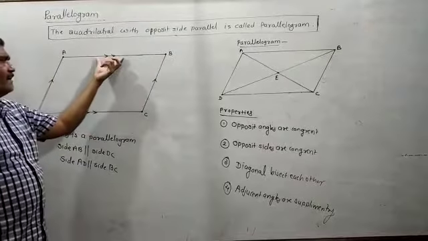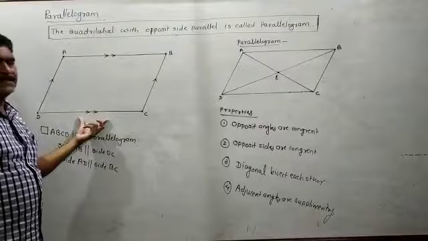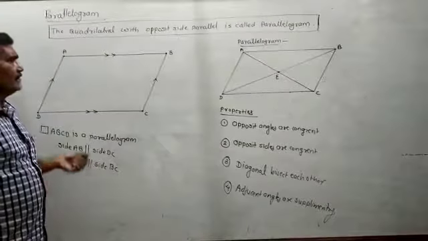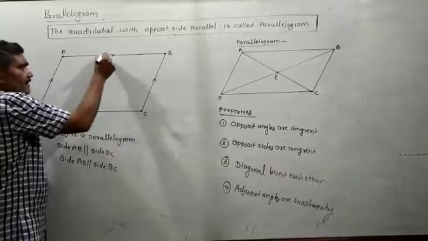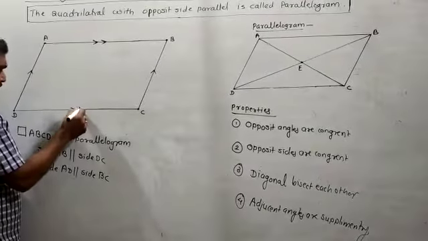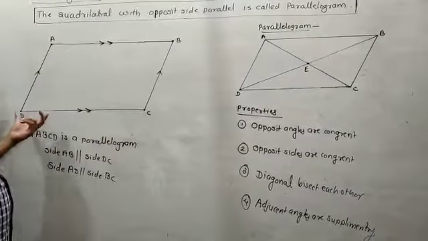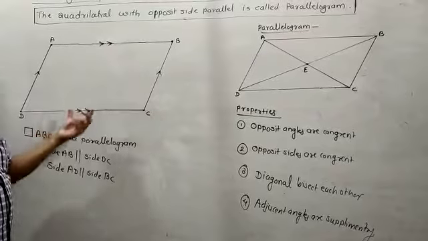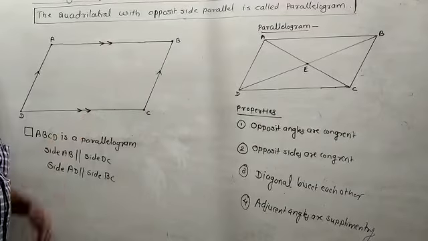The opposite side of the side AB is the side DC, and the opposite side of the side AD is side BC. So I will say that this side AB is parallel to this side DC. This one is shown by this mark, that these arrows indicate that this line is parallel to this.